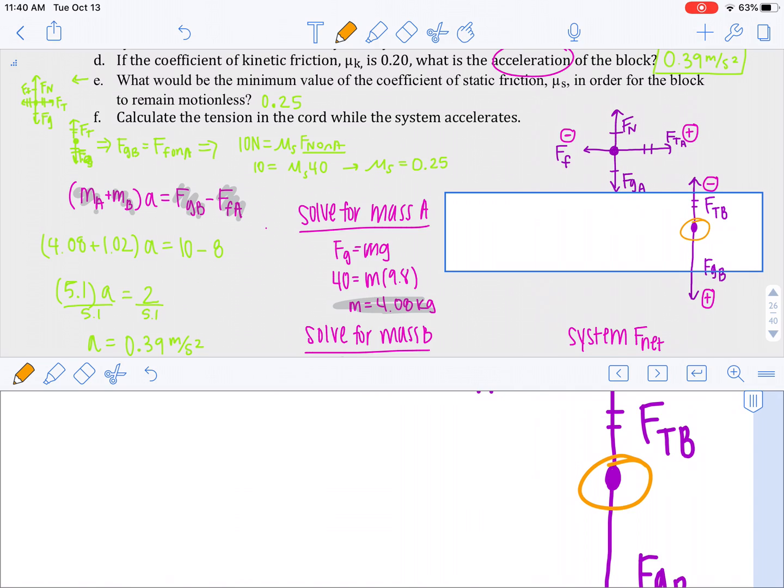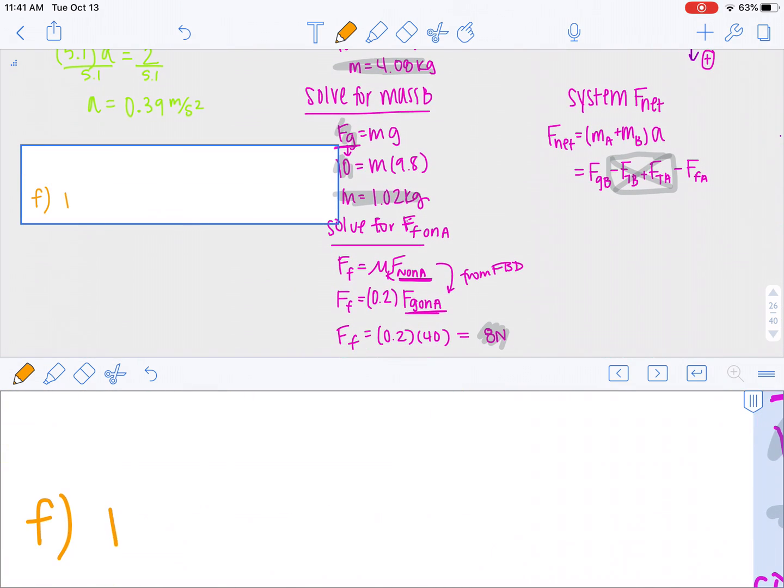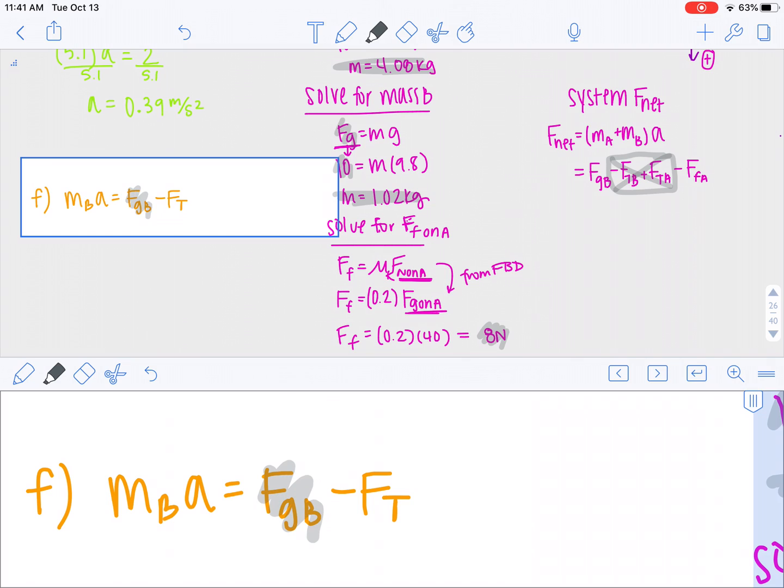So I'm going to look at B. So F net on B would be MB times A, which would be FGB minus FT.